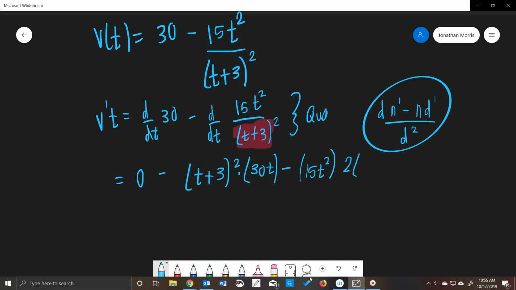I'm just going to write down the inside, t plus 3. And remember, it's to the first power, but in the chain rule, you also have to multiply by the derivative of the inside of what I highlighted right there. The derivative of the inside, which in this case is just 1, okay? And that whole thing is over the denominator squared.